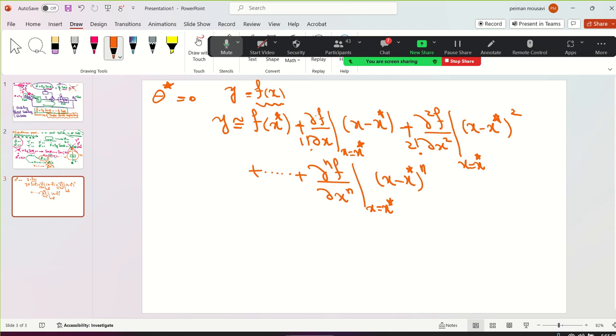This is the Taylor series expansion. You can find it in the undergraduate math that hopefully they taught you.